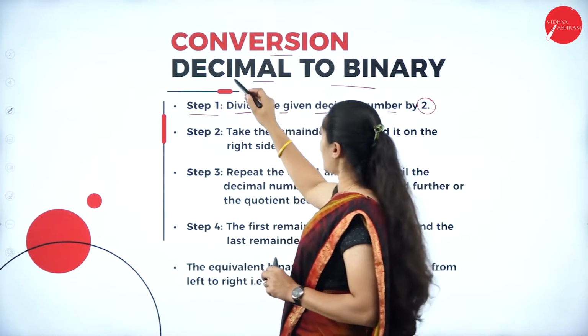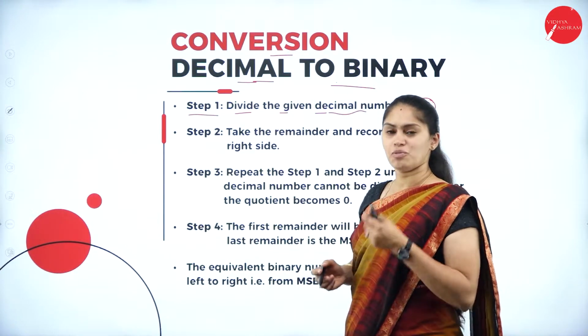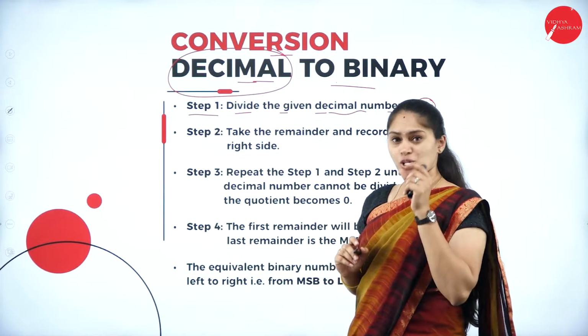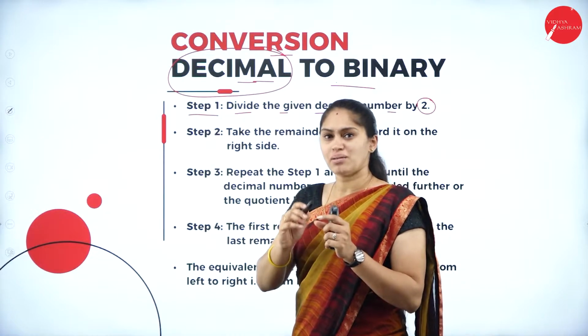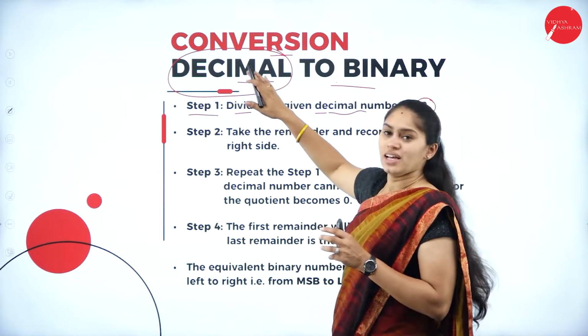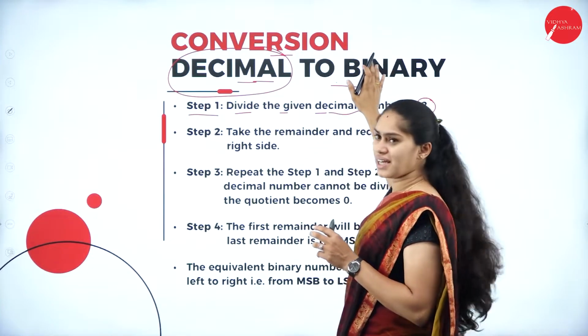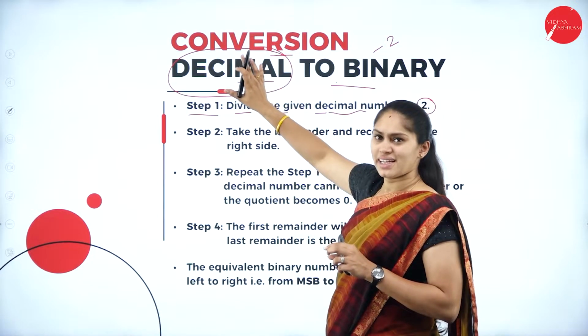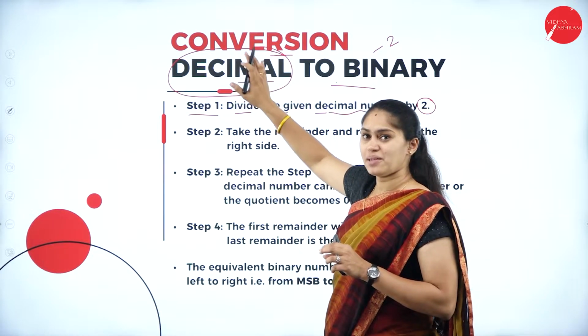When we are converting decimal to any other number system, what am I getting first? Decimal. If it is decimal first, then you have to divide the given number by the base of the other number system. For example, if I wanted to convert the decimal number to binary, what is the base of binary? That is 2. So whatever the decimal number is, you start dividing it by 2.